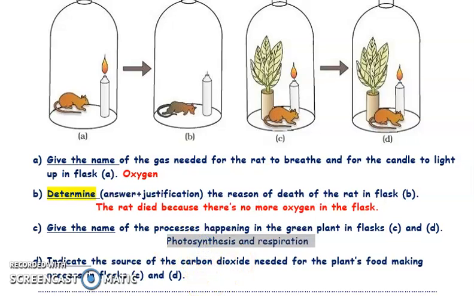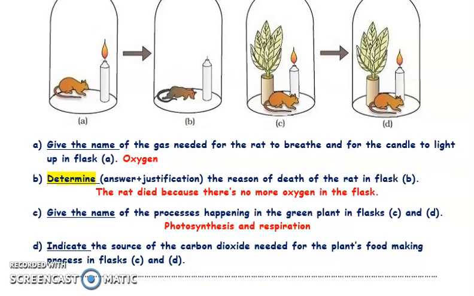Indicate the source of carbon dioxide needed for the plant's food-making process, which is photosynthesis. So the green plant goes through photosynthesis. It needs carbon dioxide to make its food. Where does this carbon dioxide come from? Let's think of it. The mouse is breathing. The mouse takes oxygen and breathes out carbon dioxide. The candle is burning. While burning, the candle takes oxygen and gives carbon dioxide.